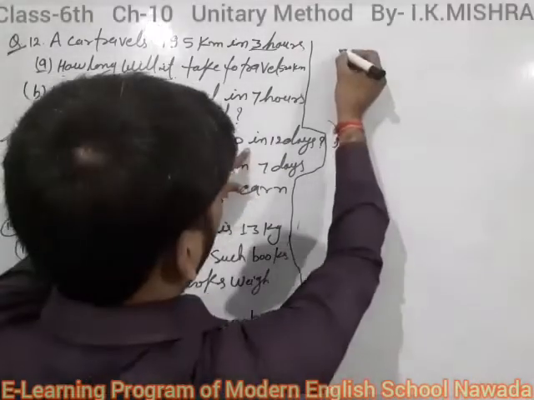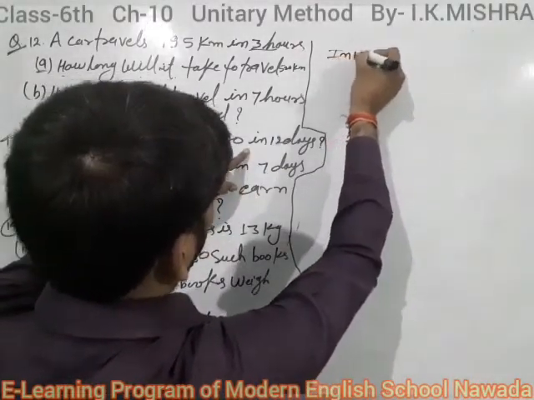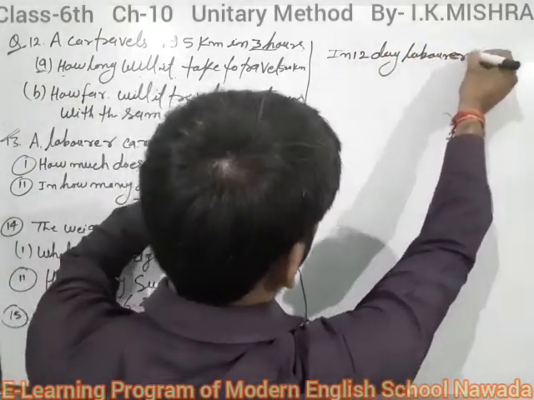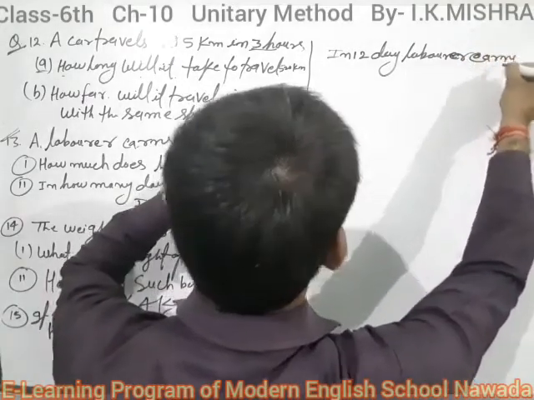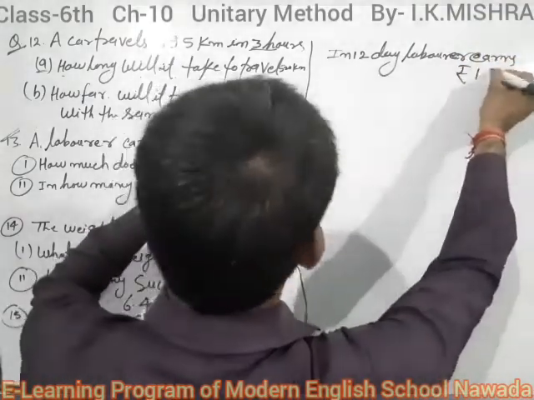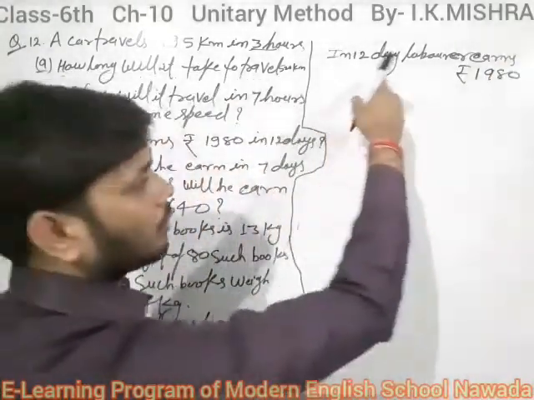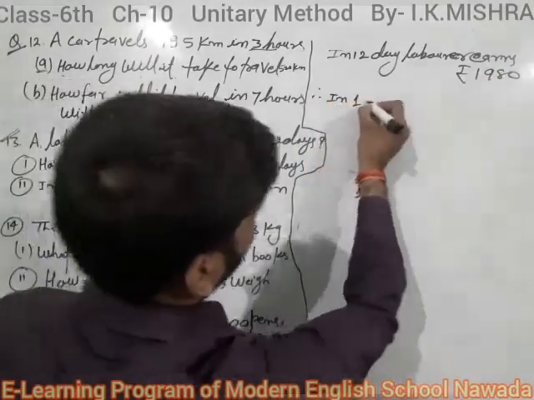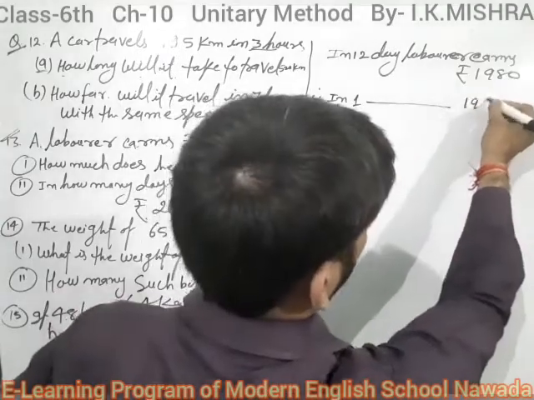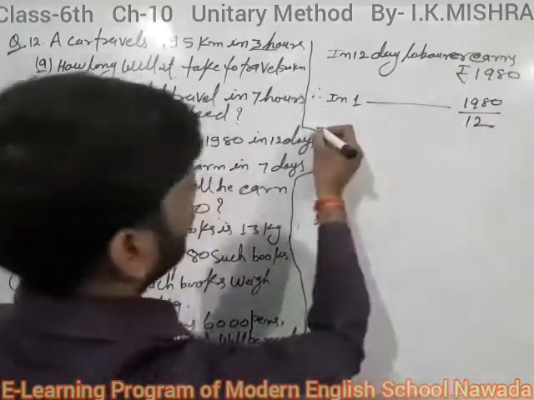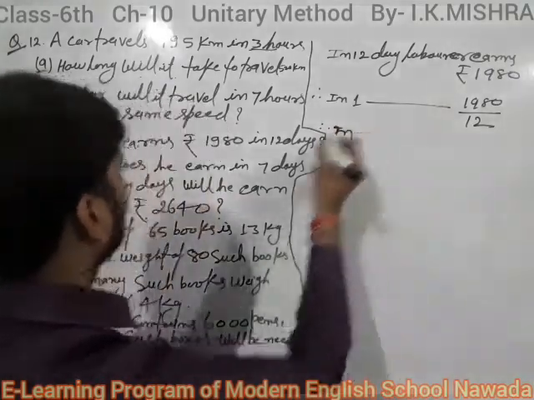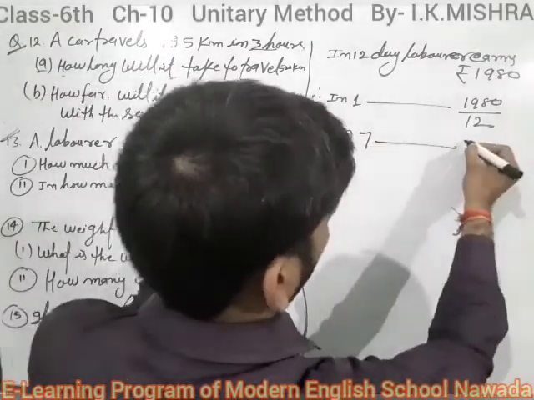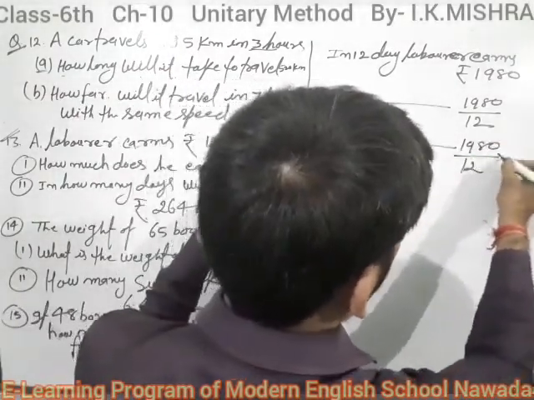Here the question is asked, how much does he earn in 7 days? You write: in 12 days the laborer earns rupees 1980. So in one day he earns 1980 divided by 12, and here you have to find it for 7 days. So in 7 days, 1980 by 12 into 7.